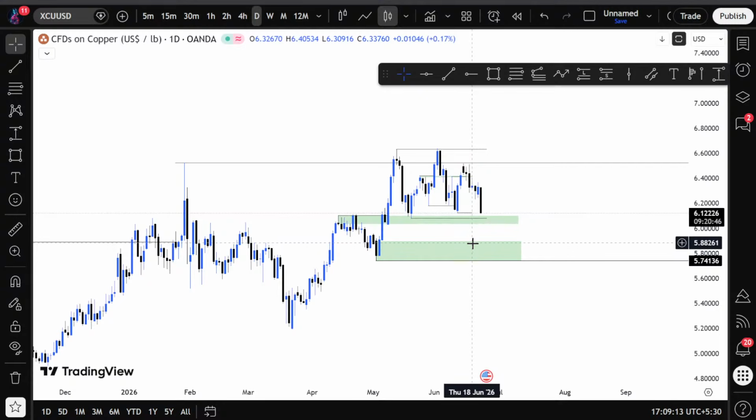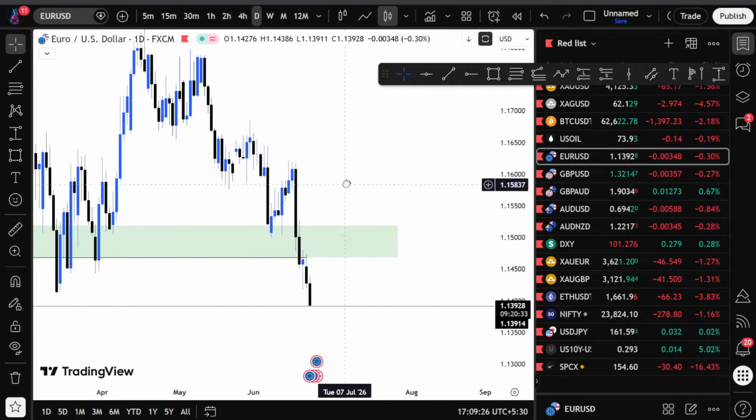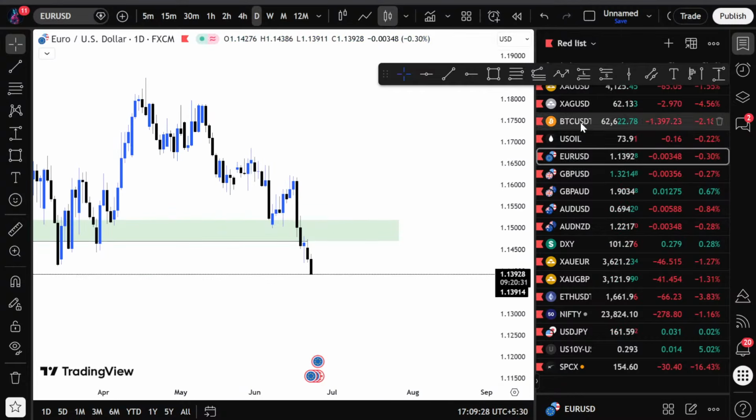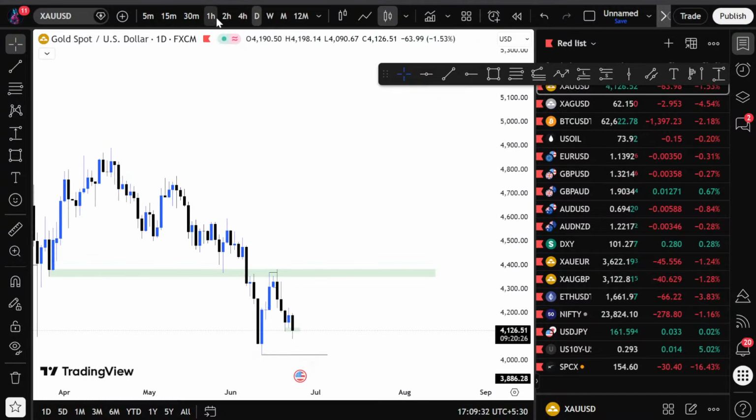What are the best fast moving FX pairs? Forex pairs don't go like one shot, not like our gold.